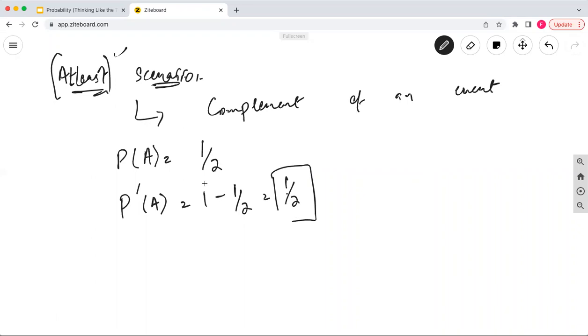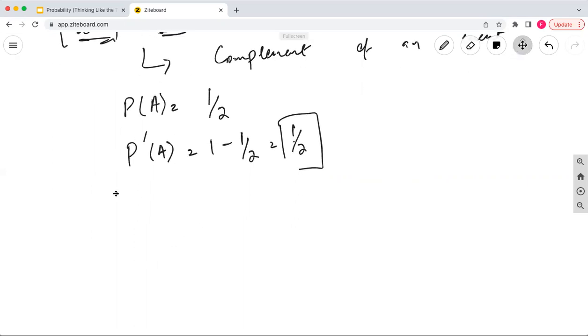So what exactly are we doing in the at least case? To get an idea, for example, if I ask the probability of getting at least one success.